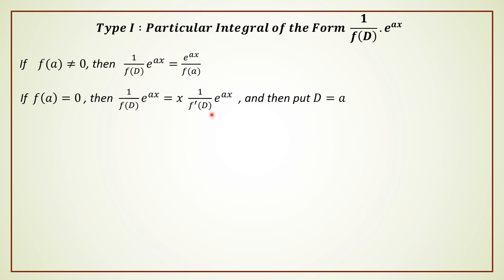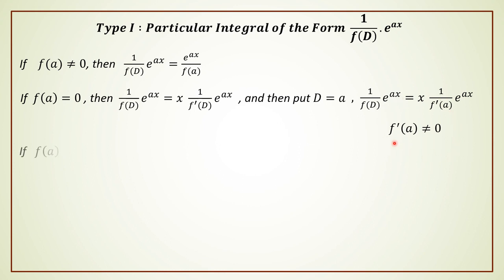That means you replace your operator D by a. Therefore, the equation becomes 1 by f of D e to the power ax equal to x into 1 by f dash of a into e to the power ax, provided your f dash of a is non-zero.